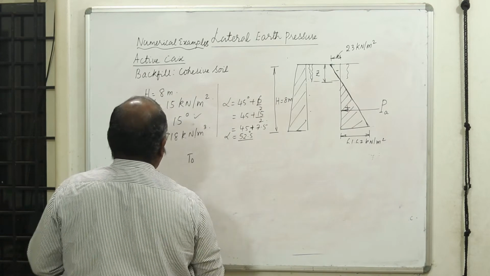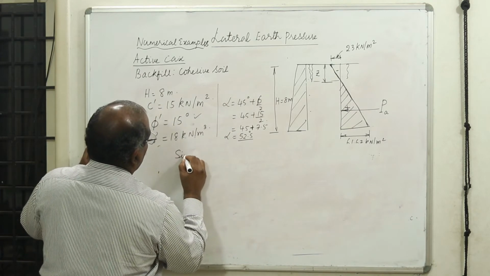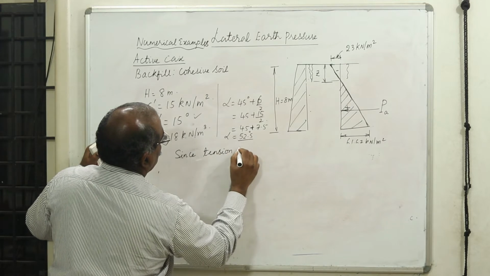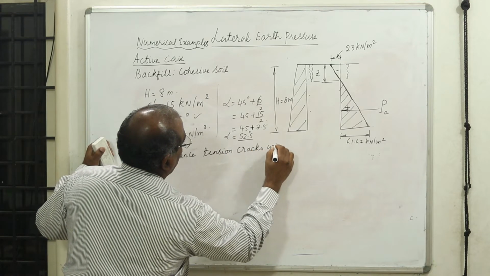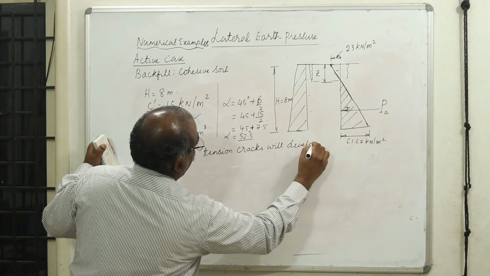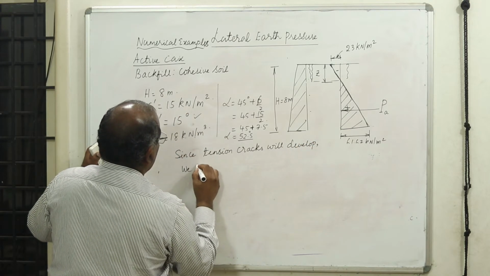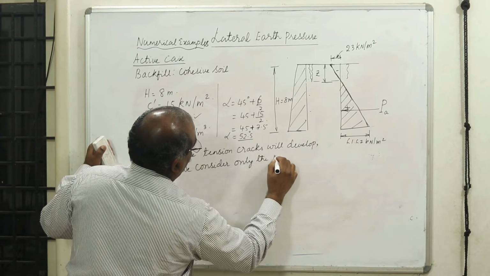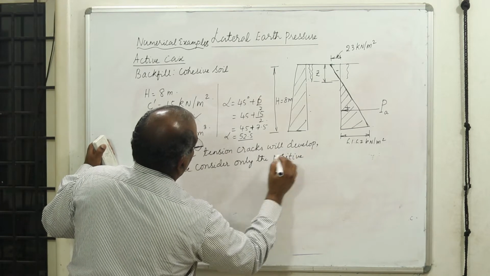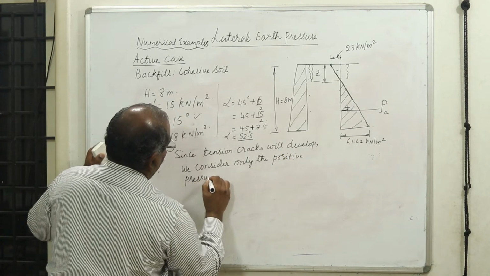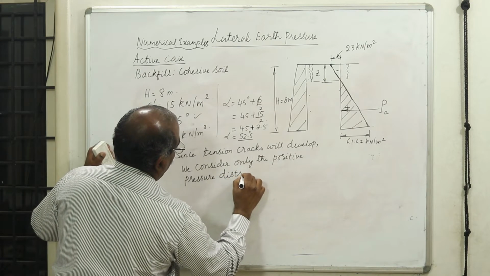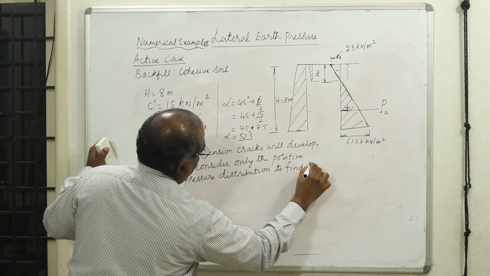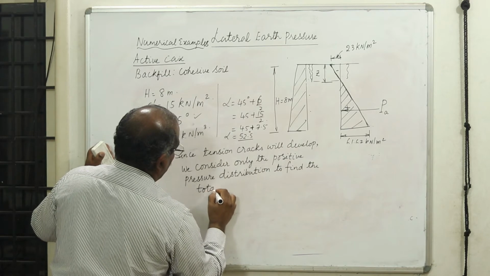Now we have to write: since tension cracks will develop, we consider only the positive pressure distribution diagram to find the total active thrust.